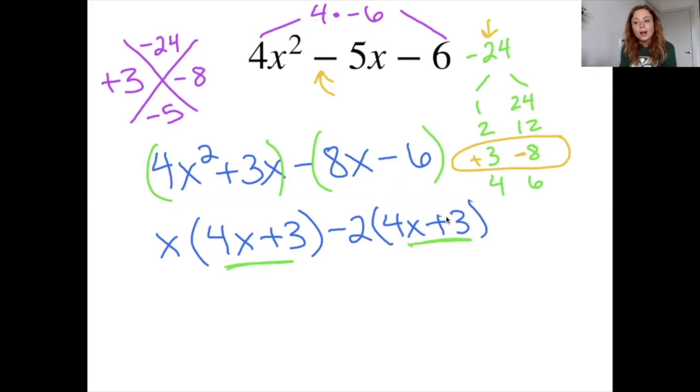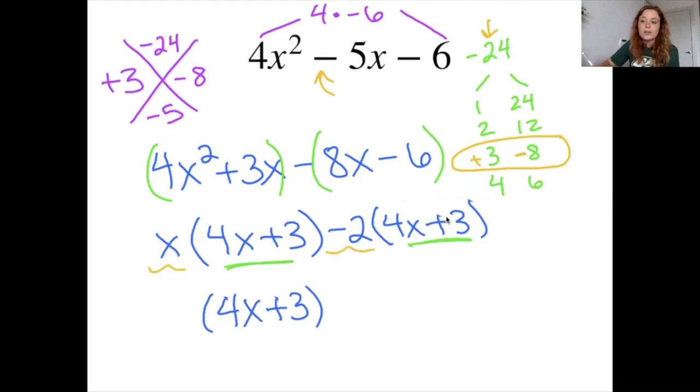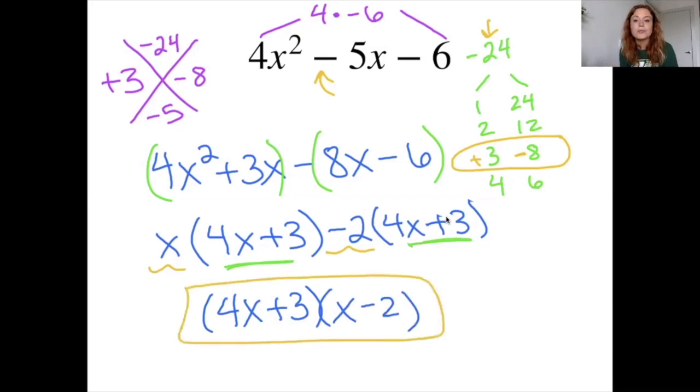Okay, so now we have a common binomial, so we're going to drop that down one time: 4x plus 3. And then I'm going to bring the other two pieces, the GCFs that I factored out, and drop them down in their own binomial, and that will be the other factor. And so that is the factored form of 4x squared minus 5x minus 6.